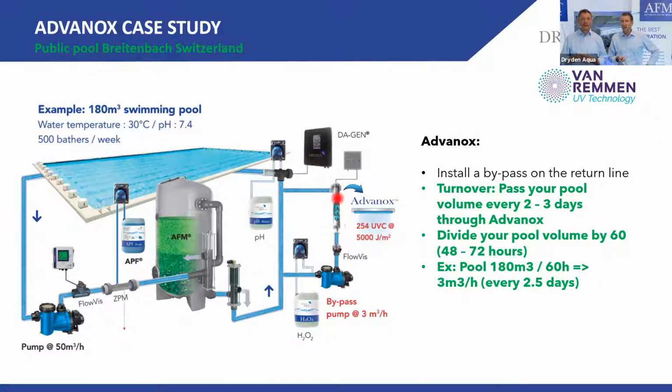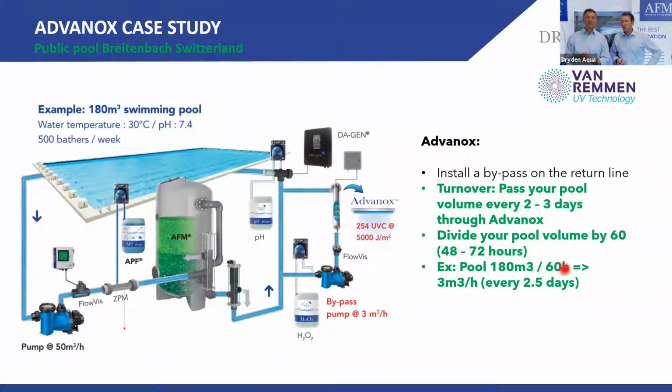We recommend that the water that flows through the Advanox is turned over approximately every 2 to 3 days. So you take all the water that you have in the pool every 2 to 3 days through the Advanox system.